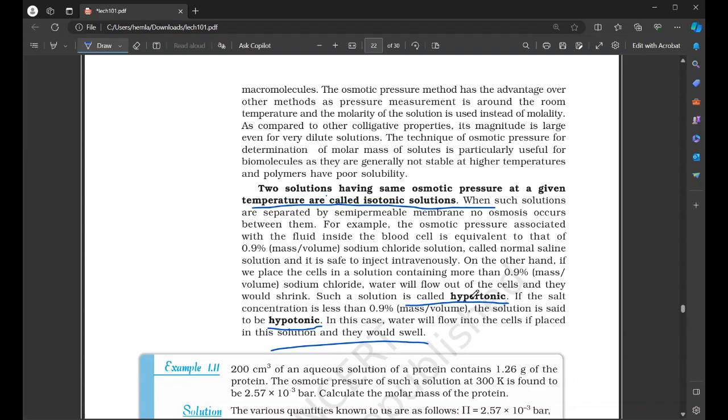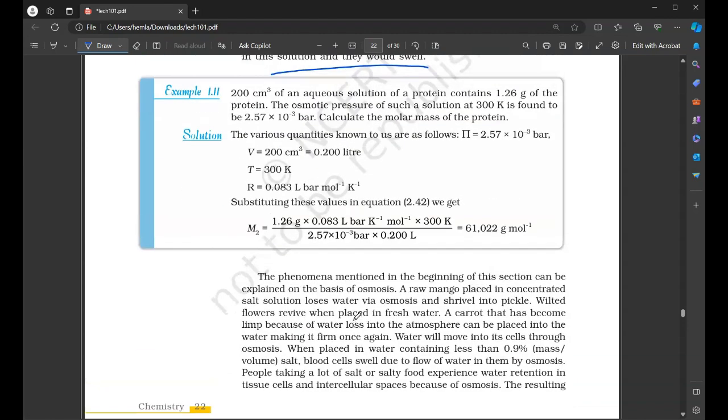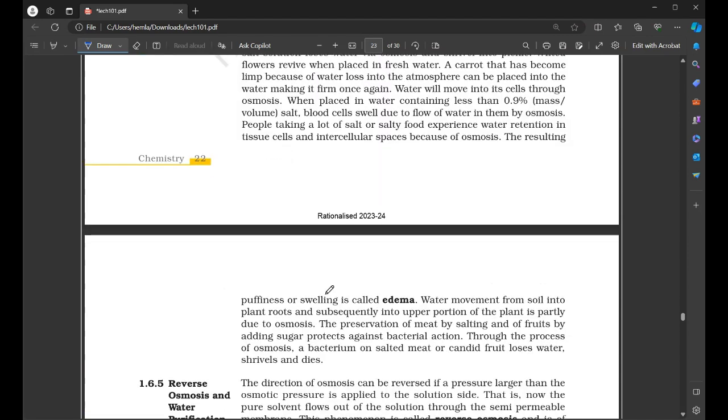So in hypertonic they shrink and in hypotonic they swell, like a raisin: if we keep it in water it swells.